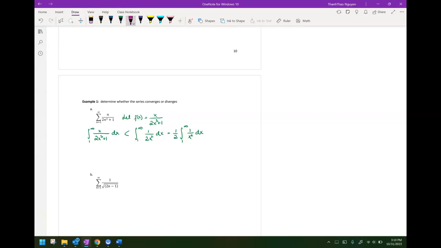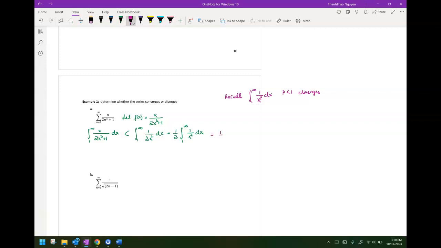Well, earlier in chapter 3, recall the integral from 1 to infinity of 1 over x to the p dx. If p is less than 1, then the integral diverges. If p is greater than or equal to 1, then the integral converges. So in this case, we're looking at a convergence, or you can go ahead and calculate this out.